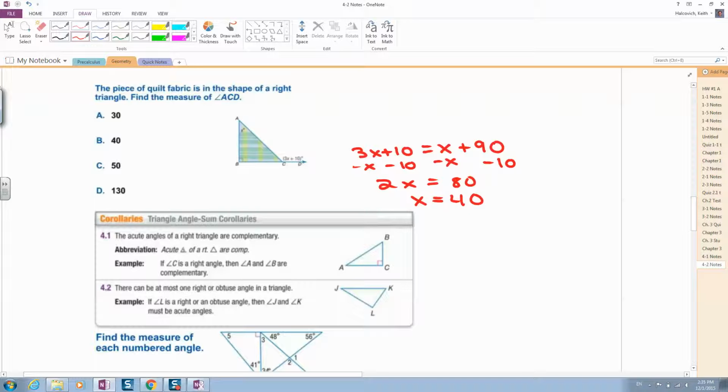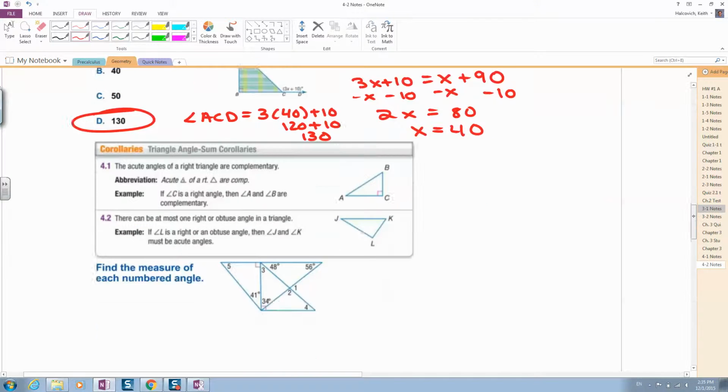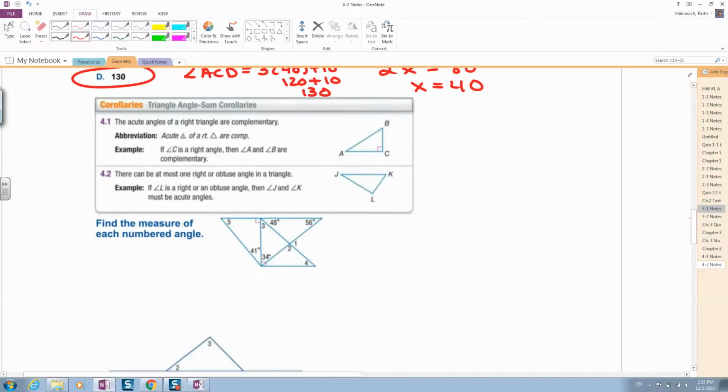And the measure of angle ACD is 3 times 40 plus 10, which is 120 plus 10, which is 130.